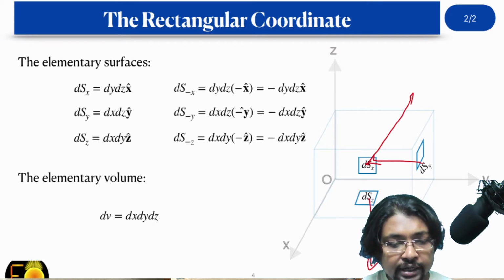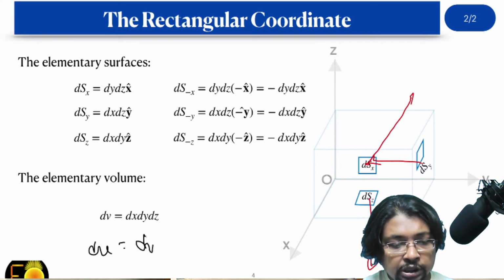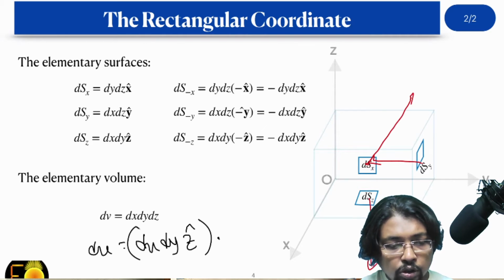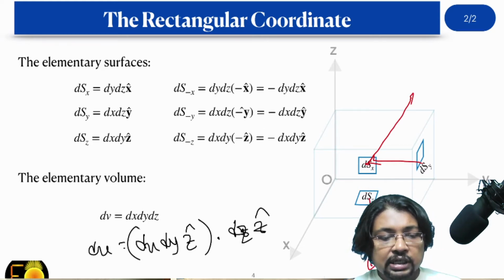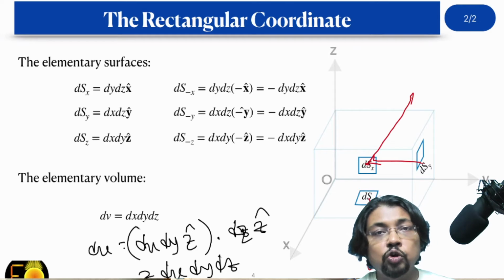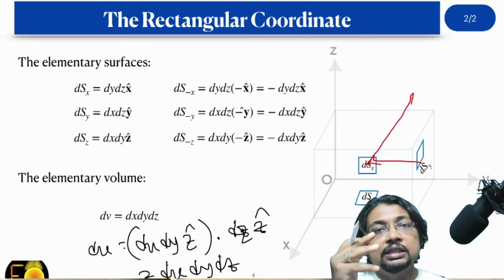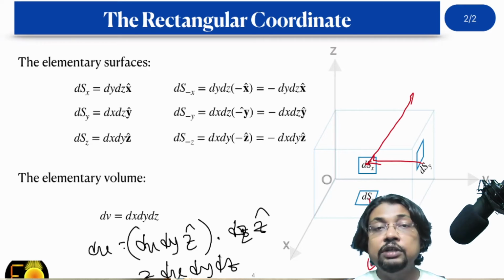So therefore I can write that dv is equal to dx times dy z cap dot dz z cap. And as you can see, since there is a dot product, the final result is dx dy dz, and this dot product results in a scalar quantity.